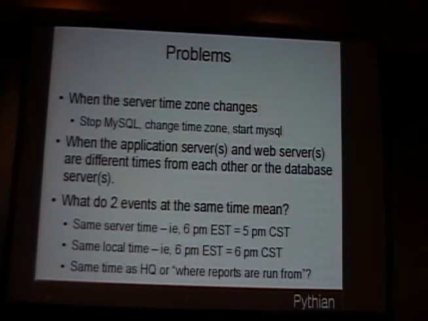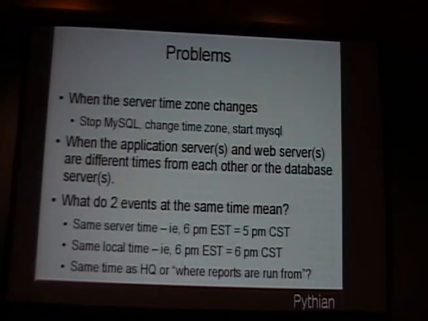For example, if you put all your stuff in UTC and you're in the Pacific time zone and you're trying to say, okay, we had an outage yesterday at 3 p.m., and you go to look at your graphs and 3 p.m. is fine, but 11 p.m. is really crazy. Well, yeah, because 3 p.m. Pacific time is 11 p.m. UTC.